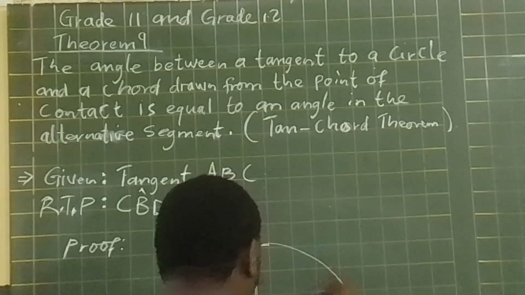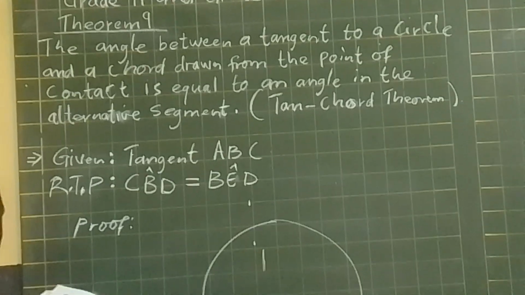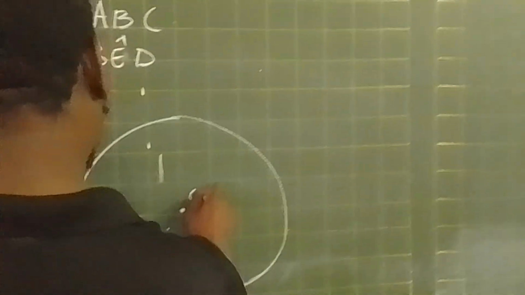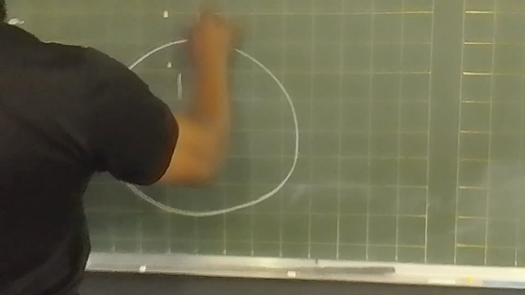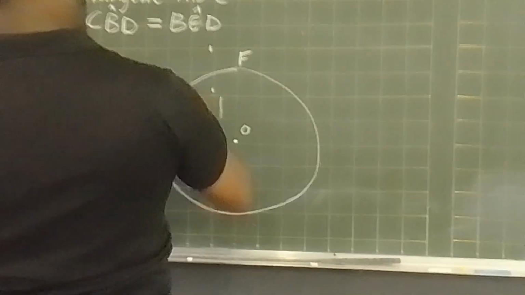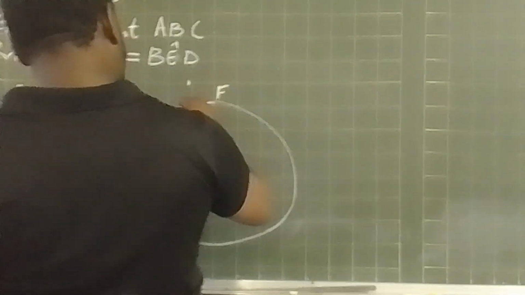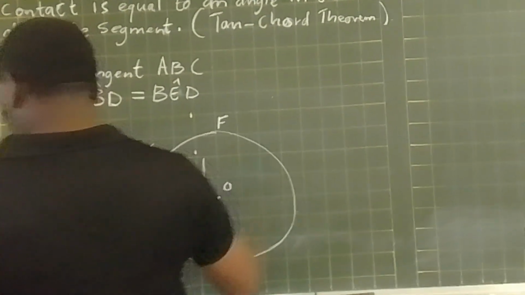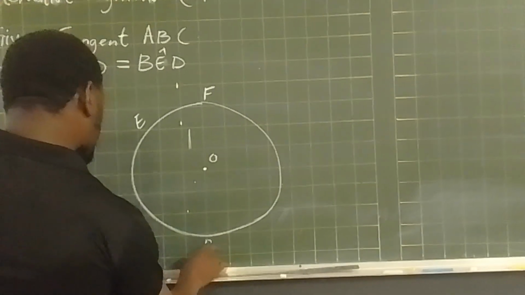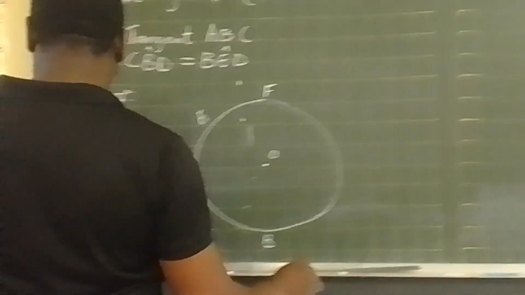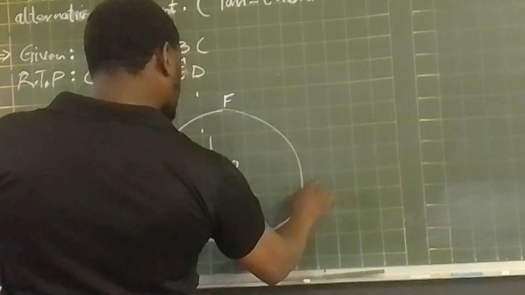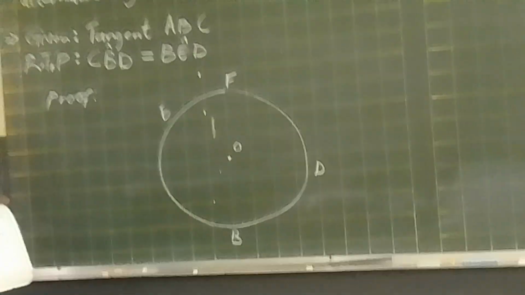Here is our circle, center O. We have point F on the circumference. You have E. You have B. And D. This is all you have.